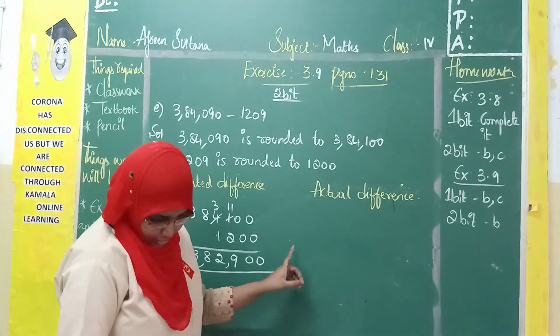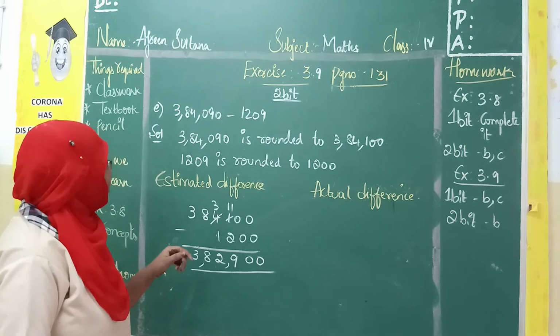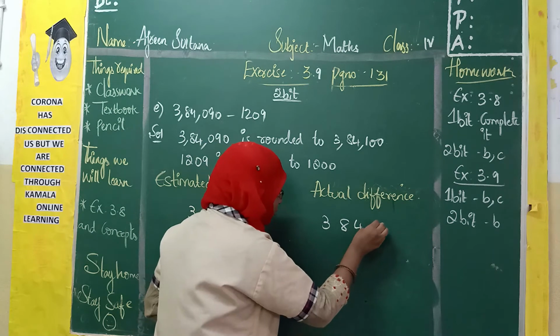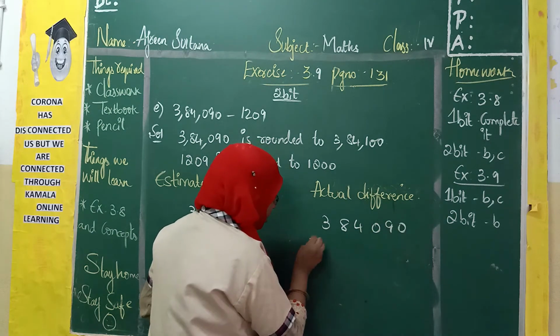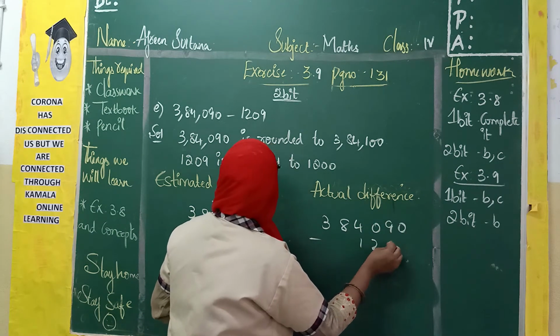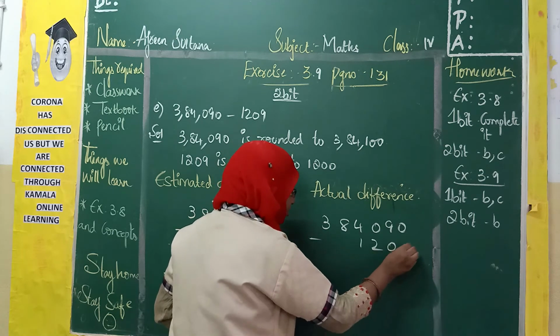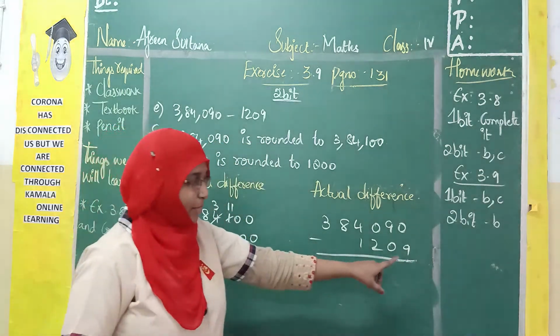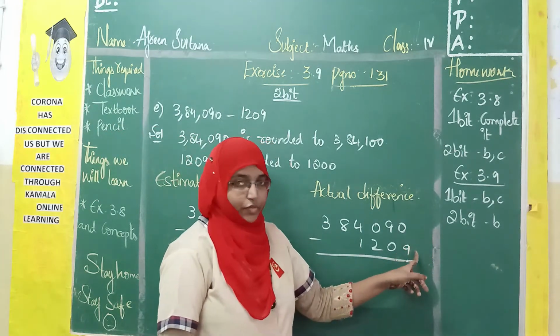3,82,900. Next we need to find the actual difference. What are the actual values? That is 3,84,090 minus 1,209. Now again you can see that 9 is a bigger number compared to 0. So we will borrow.